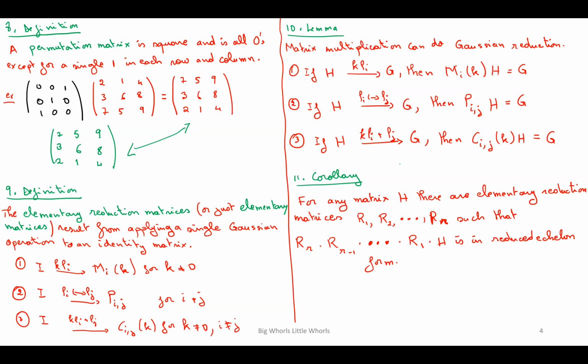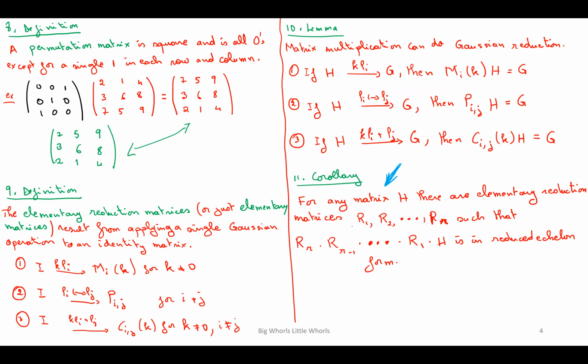And the other concept we have seen is the corollary. After using those elementary matrices, if we can multiply them together, the corollary is saying that for any matrix H, there are elementary reduction matrices. Those matrices, unit matrices or identity matrices, or matrices where we have non-zero entries in the same row.